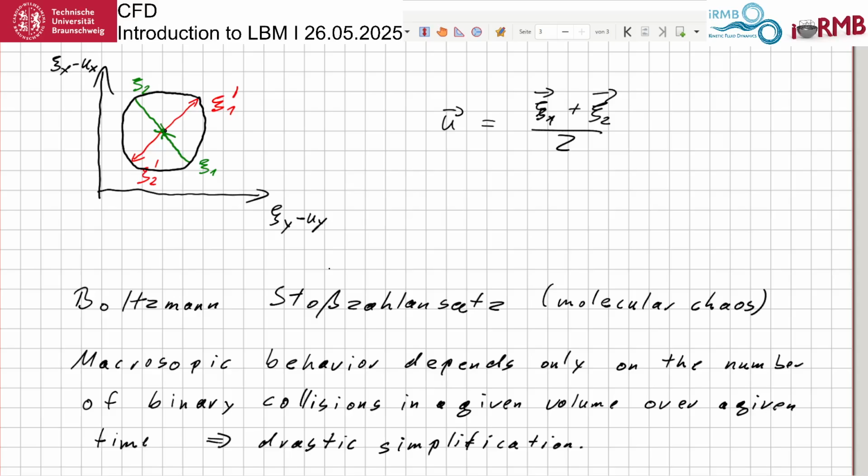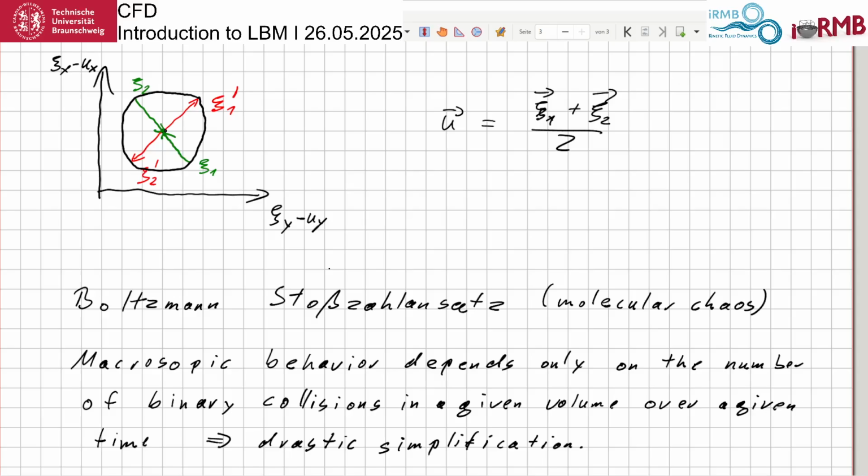So how did anybody? Okay, small step back, because when I look at my script, I see that I should probably explain one small detail here. Yeah. So how does anybody come up with translating Stoßzahlenansatz to molecular chaos?